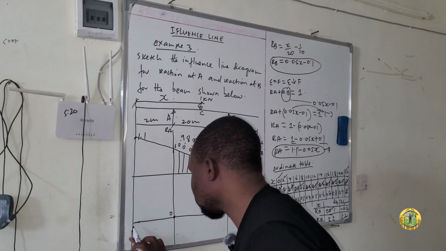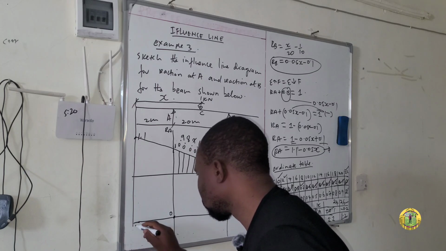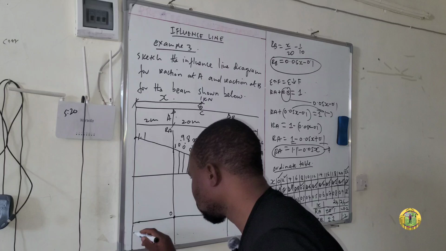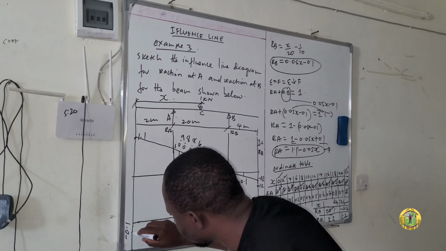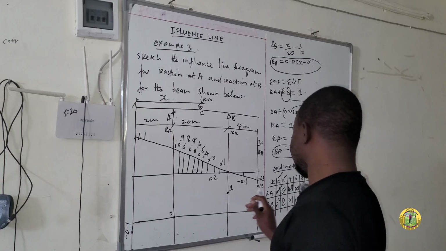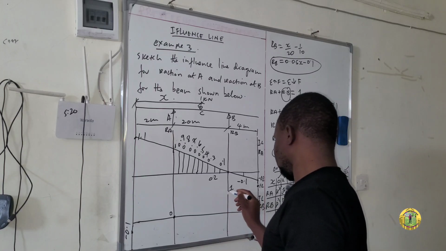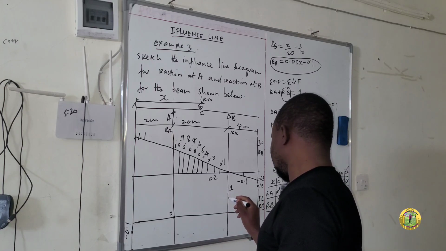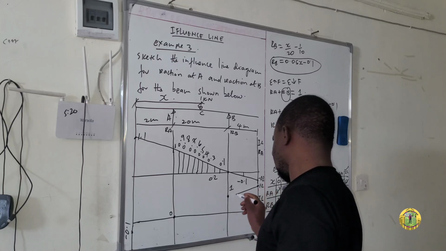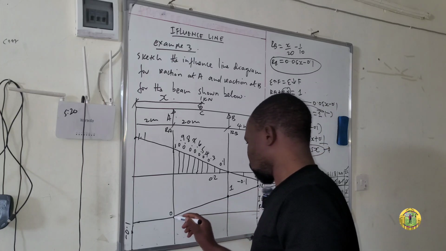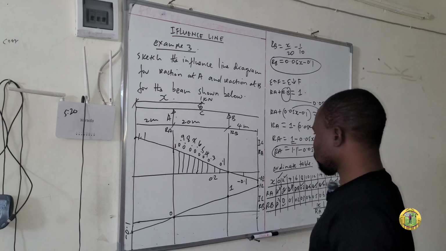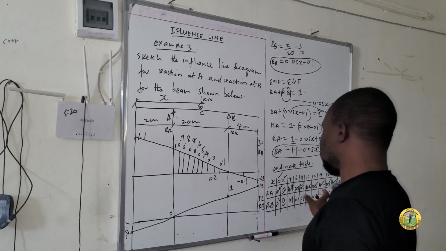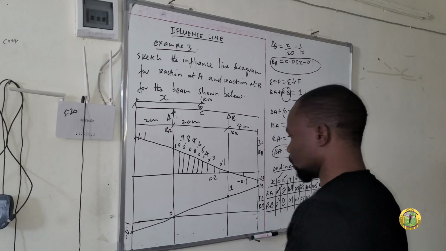Negative 0.1. So let's join these two. Like that. So we can as well include the remaining part.